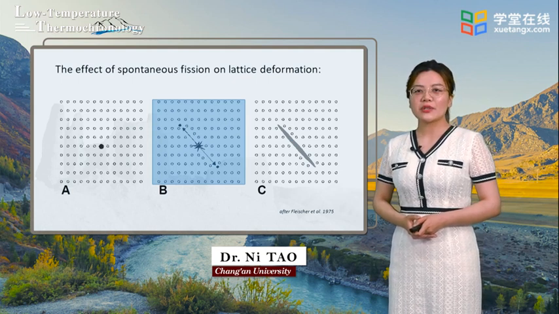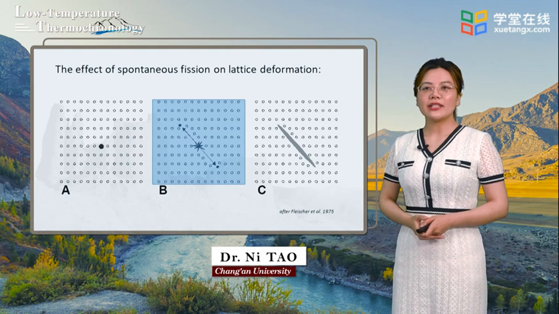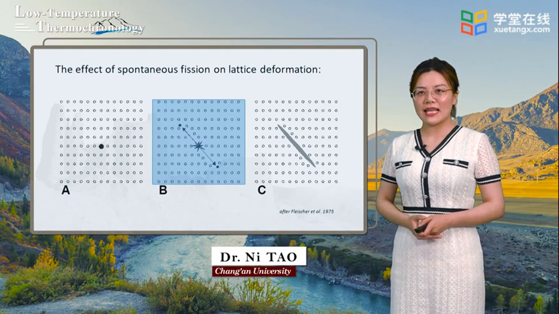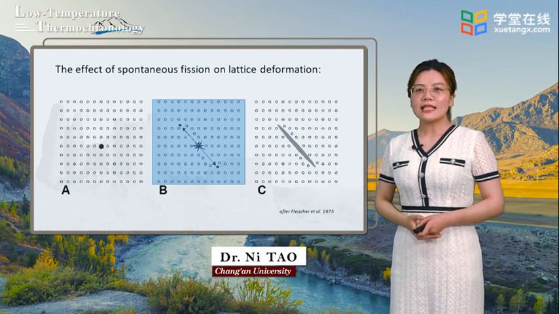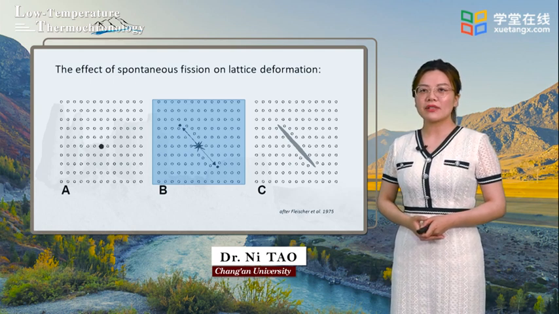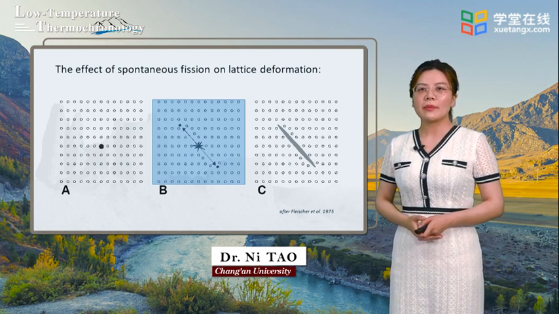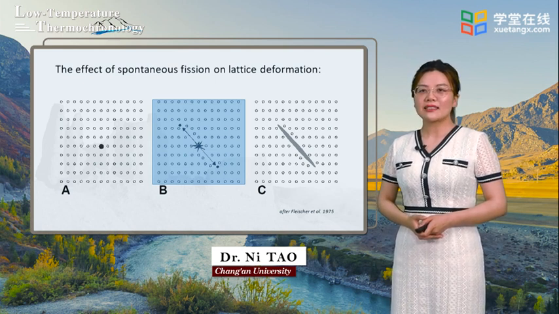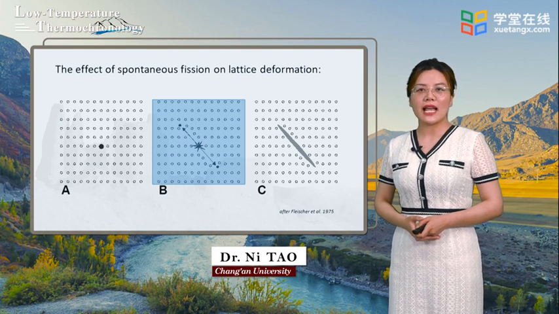The highly charged particles recoil and interact with other atoms in the lattice, initially by electron stripping or ionization. This leads to further deformation of the lattice as the ionized lattice atoms repel each other. In Part C, it shows that the fission particles capture electrons.